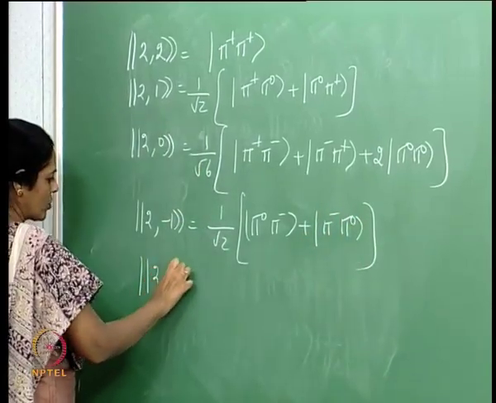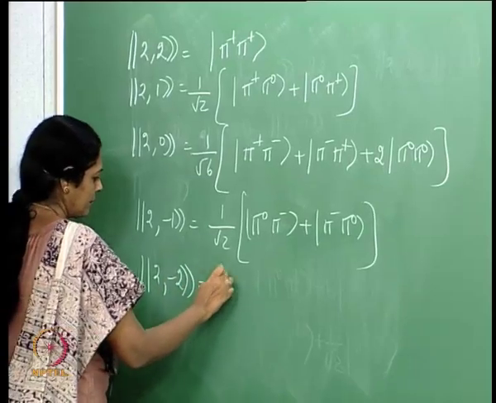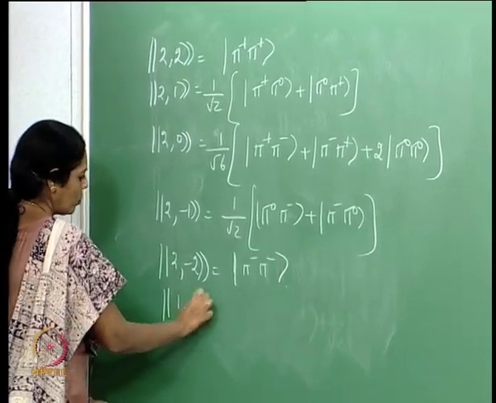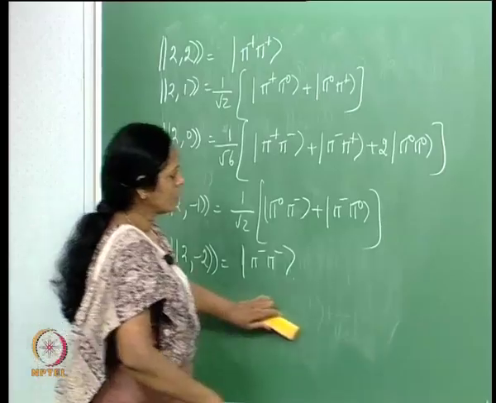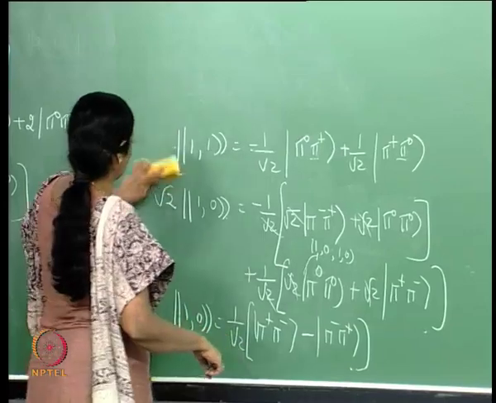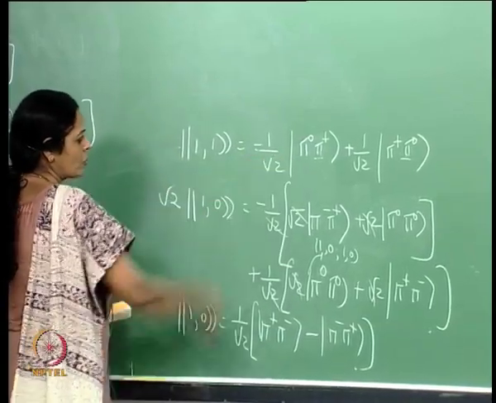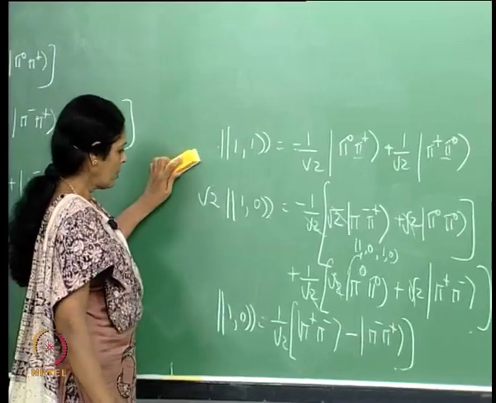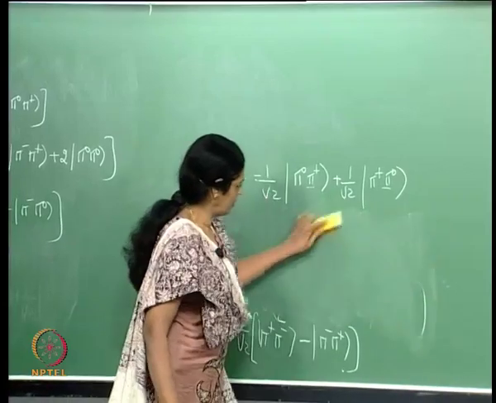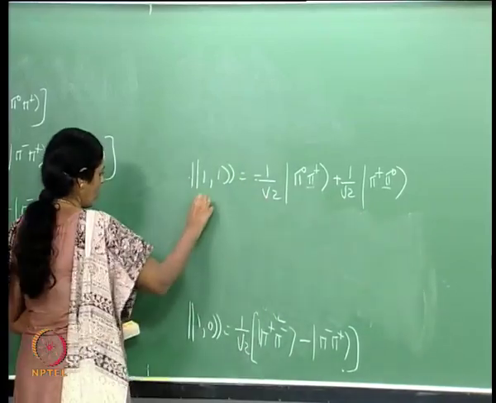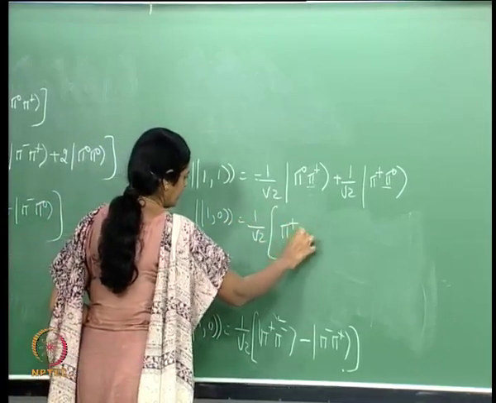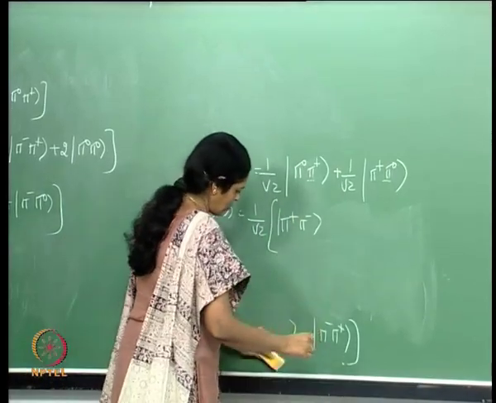2, minus 2 was a stretch case. 1, 1 was the antisymmetric case. So, let me just write that down. 1, 1 is out here. It is minus 1 by root 2 pi 0 pi plus plus 1 by root 2 pi plus pi 0. 1 comma 0 is 1 by root 2 pi plus pi minus minus pi plus.